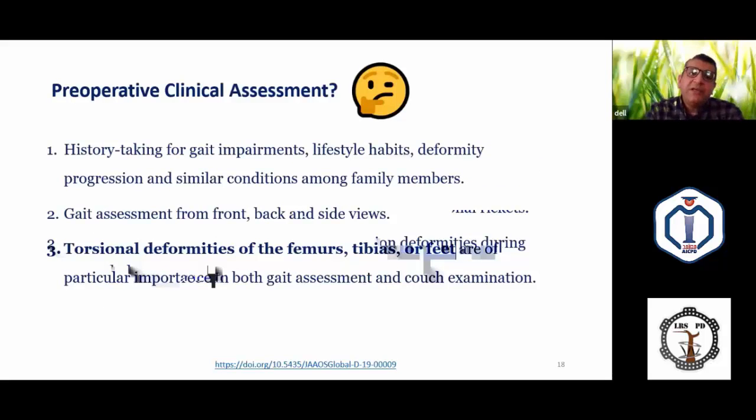But what are we supposed to assess clinically in these rachitic patients? Of course, history taking for gait impairments is very important because we have placed gait impairments as one of the indications for intervention, and this is something relatively innovative, although it is subjective. We ask the parents, and we have also placed it as one of the outcome measures. So you have to ask the parents about any gait impairments.